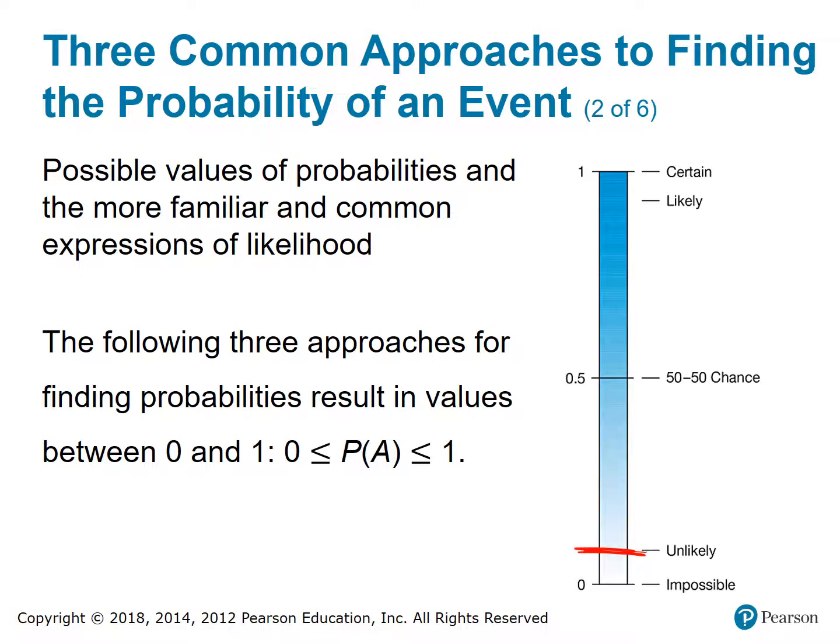It is unlikely. Usually we define this as 0.05. It's important to note that is not rigid, but that's typically what we would say falls under the heading of unlikely if it is in this zone. And then for something that's likely, we would typically put a 95% chance by convention. And once again, these are not rigid rules. These are just rules of thumb that we tend to go by.